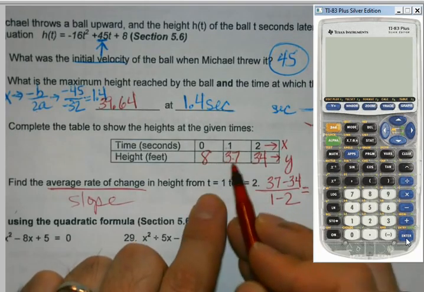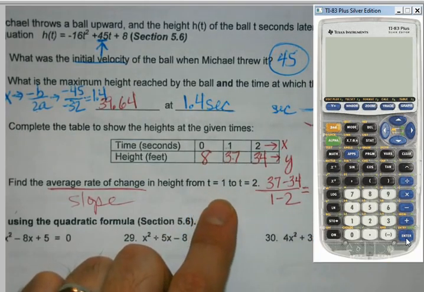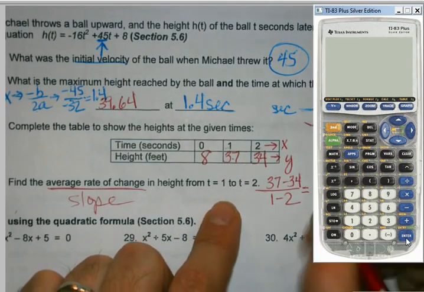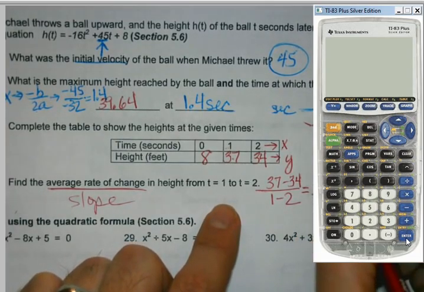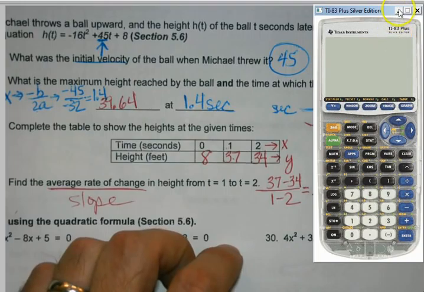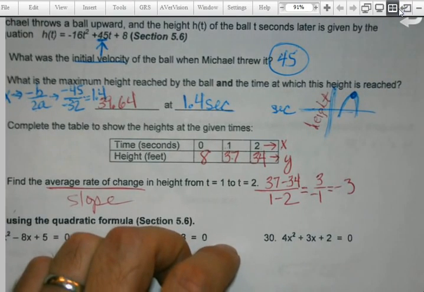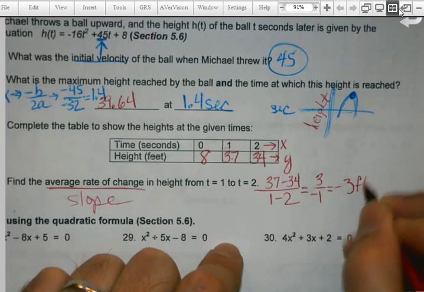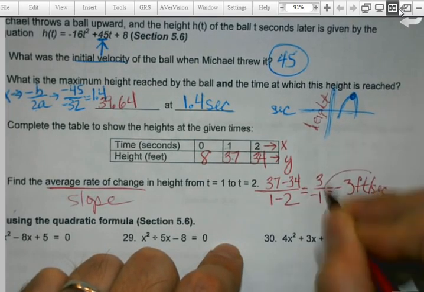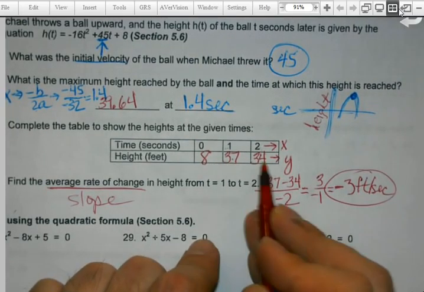Nope, that's just 37. Hey, calculator, you need to go away. Okay. So negative 3 feet per second, because I know it's going downward.